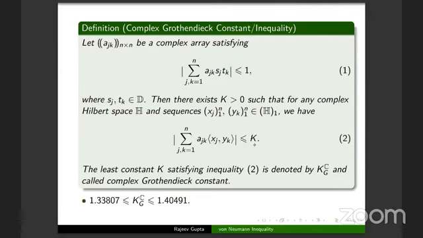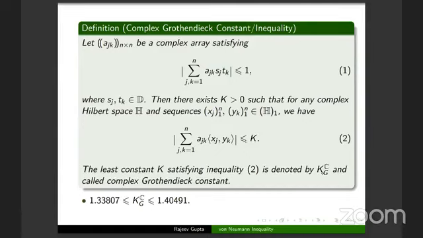It doesn't matter what matrix you choose, k will still be independent of it. That constant is called KGC, the complex Grothendieck constant. As the name suggests, you can also have a real Grothendieck constant if you are working in the real field, but anyway, this is the complex Grothendieck constant.